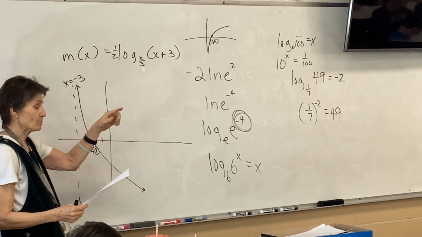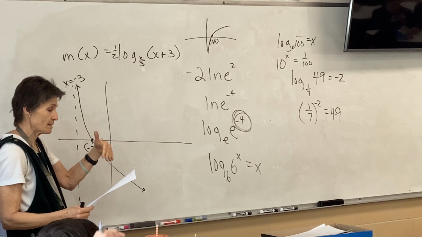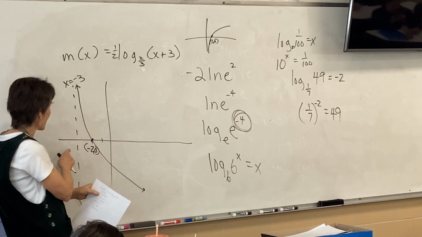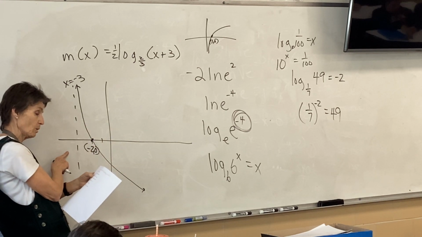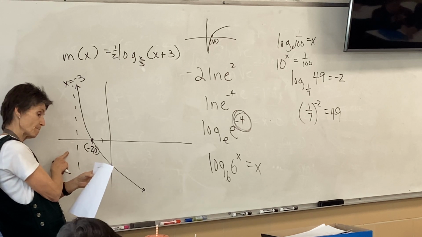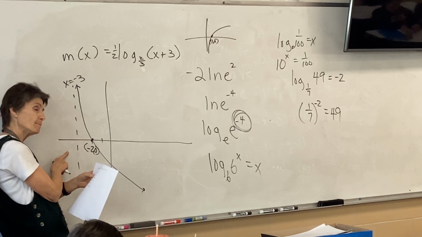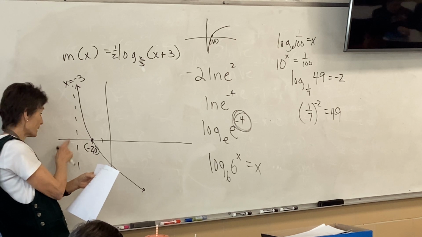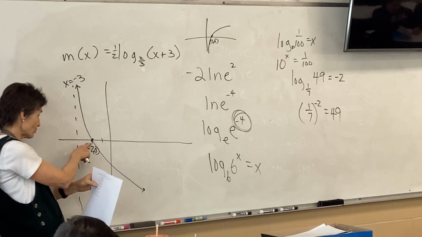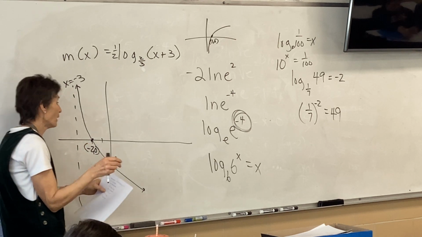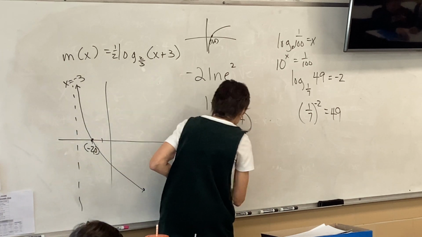So you already said it was decreasing, so this is decreasing. You already said its asymptote is at x equals -3. How about concavity? Concave up. X-intercept we have identified. What about domain? What's the domain of this guy?